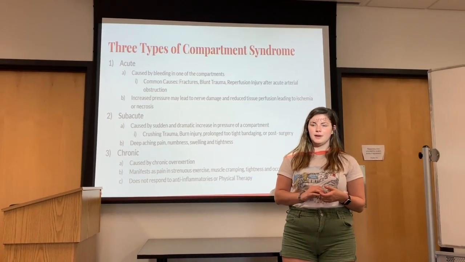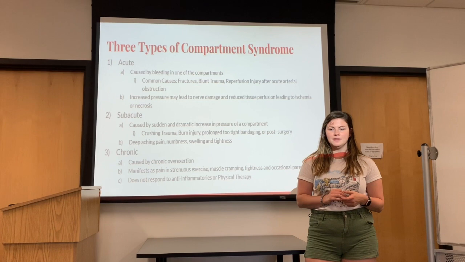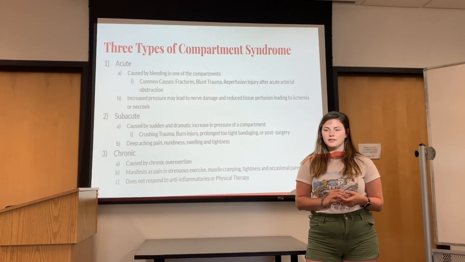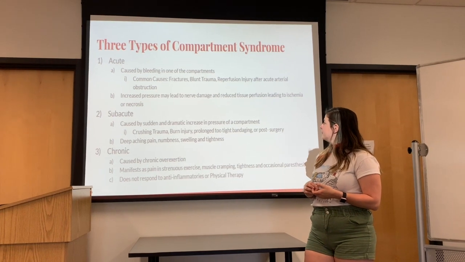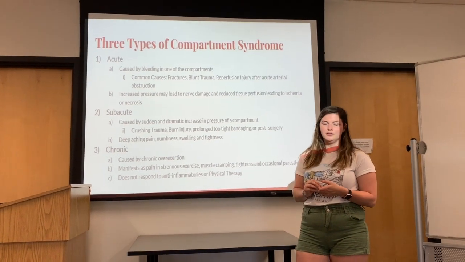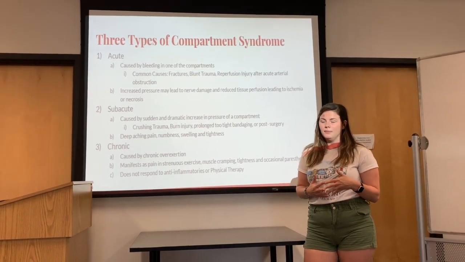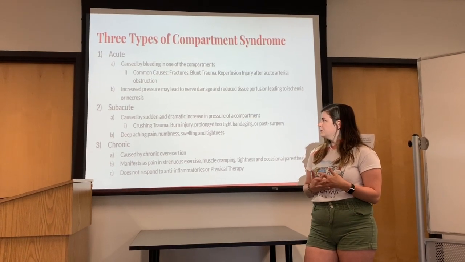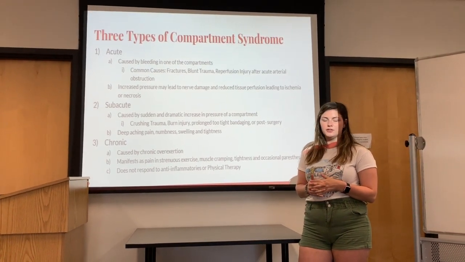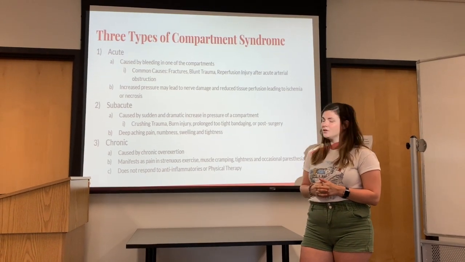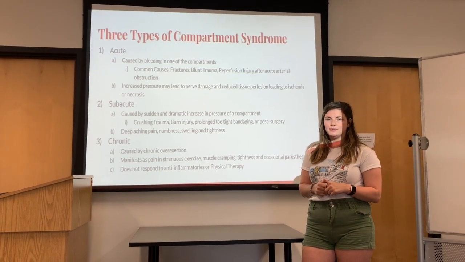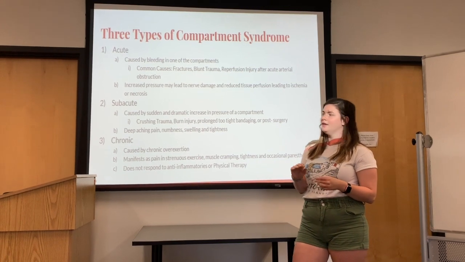Acute is caused by bleeding in one of the compartments. Common causes of that are fracture, blunt trauma, reperfusion injury after acute arterial obstruction, and this increased pressure can cause nerve damage or tissue damage. So that can lead to ischemia or necrosis because of the lack of blood supply.